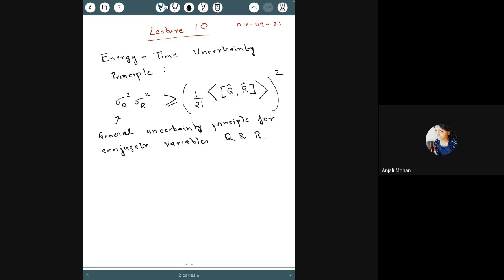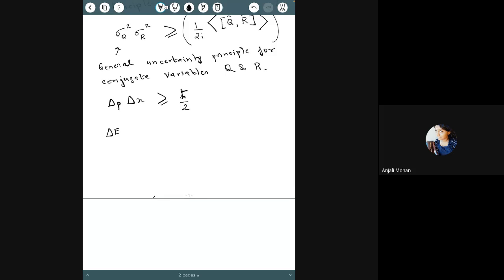So one pair of conjugate variables is momentum and position, and we have seen that the errors in momentum and position are always greater than or equal to h cross by 2, h cross being the reduced Planck's constant. The other pair of conjugate variables commonly used in quantum mechanics is energy and time, so delta E, the error in energy, and delta t, the error in time.